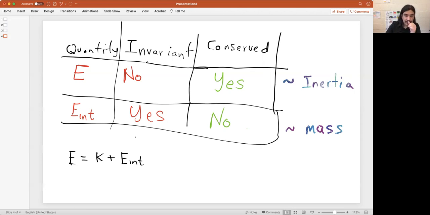So the very famous equation that you're familiar with is energy is equal to mc squared, right? Everybody has seen this equation at some point already. So what does that equation mean?